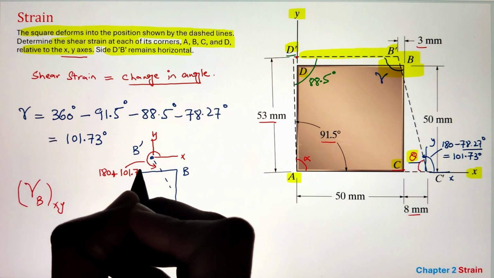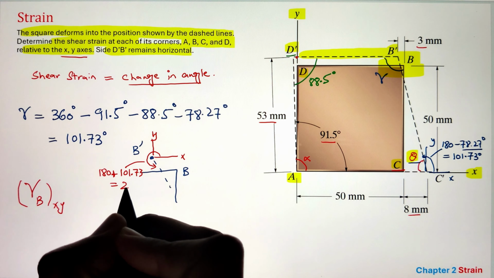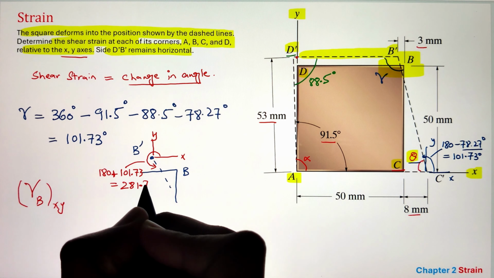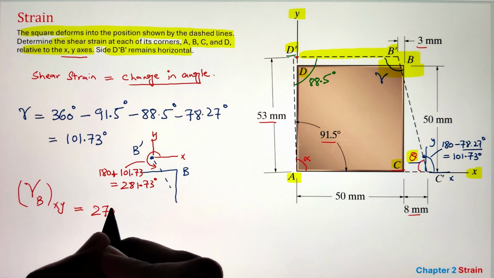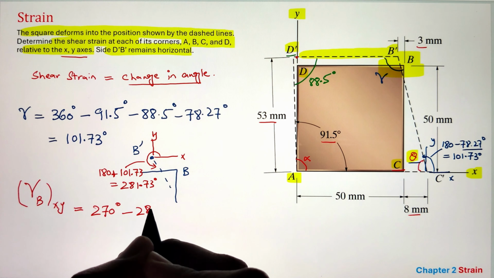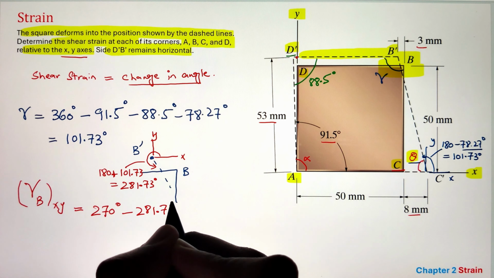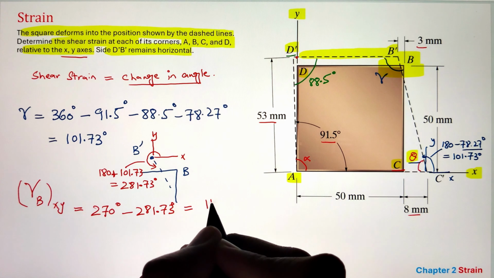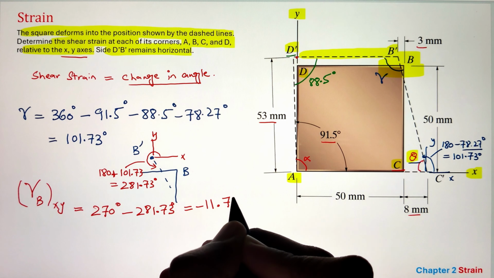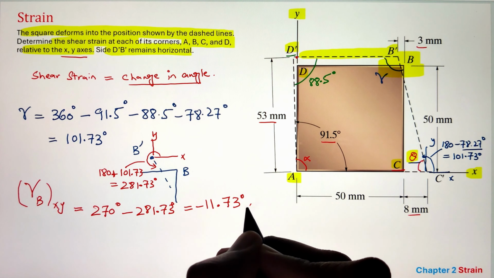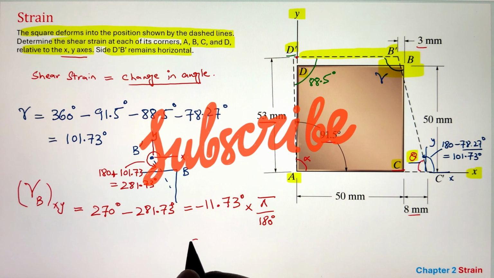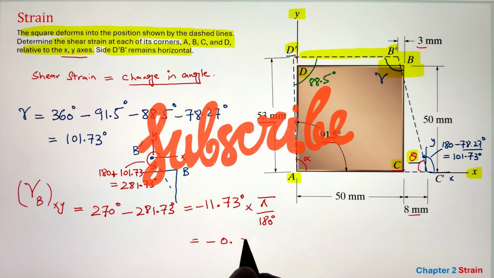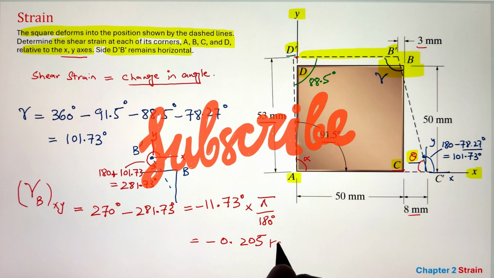So the new angle it is forming is 180 plus 101.73, that is 281.73, whereas the initial angle with respect to the positive x-axis was 270 degrees. Subtracting the initial one from it, we get negative 11.73. Again, multiplying with pi over 180 to convert from degrees to radians, we get our final value of negative 0.205 radians.